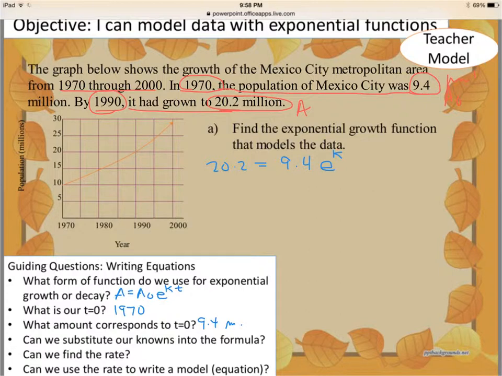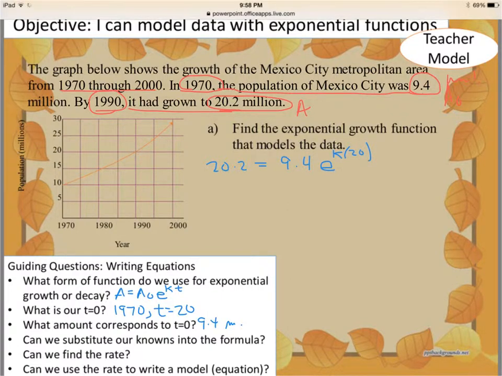And then we have to figure out, what do we plug in for t? So we want to think about what the time span is here. So we're going from 1970 to 1990. So that means our time here is going to be 20 years. So I'm just doing 1990 minus 1970. So I'm going to plug in 20 years.